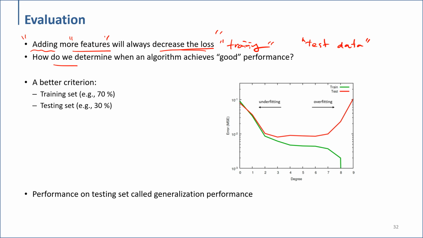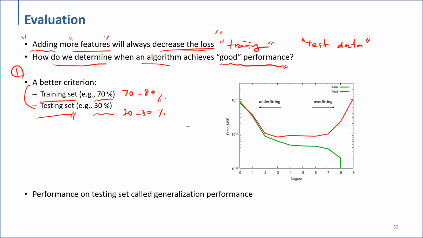Then how do we determine when an algorithm achieves good performance? The first way is to divide the data into two parts: a training set and a test data set. The percentage depends on what you choose, and in general it is good to choose 70 or 80% of the data for training and 20 to 30% for the test data set.